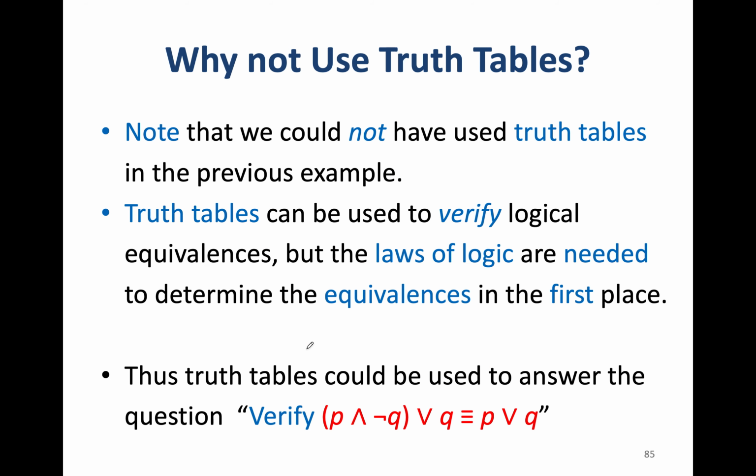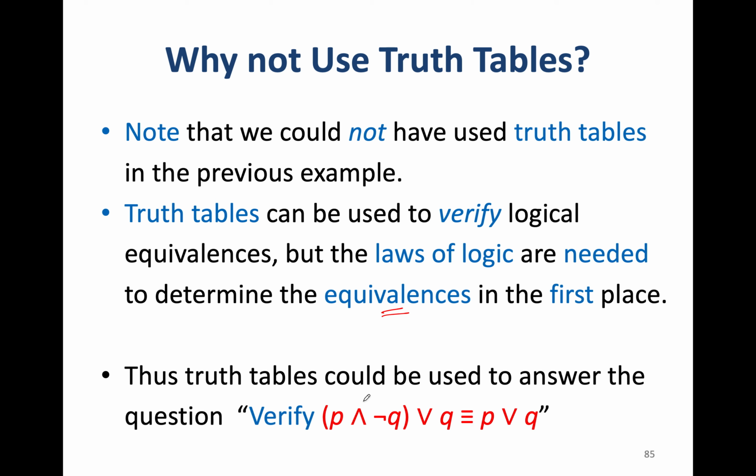So why didn't we use the truth table? We actually used the truth table to determine the equivalence in the first place. We are not using it to simplify any logical expression.